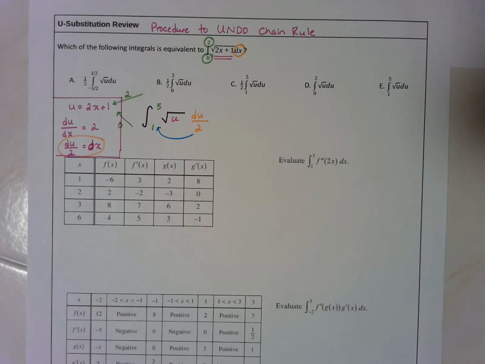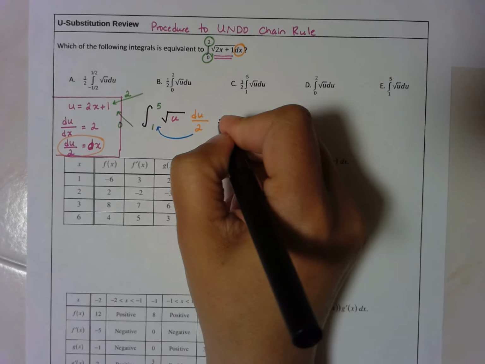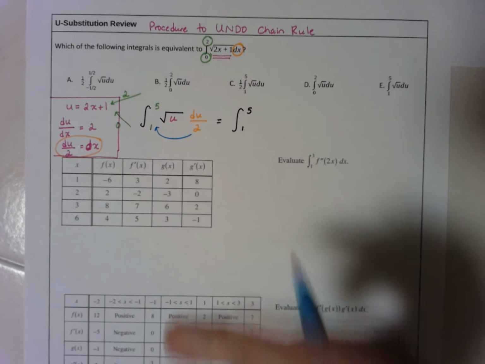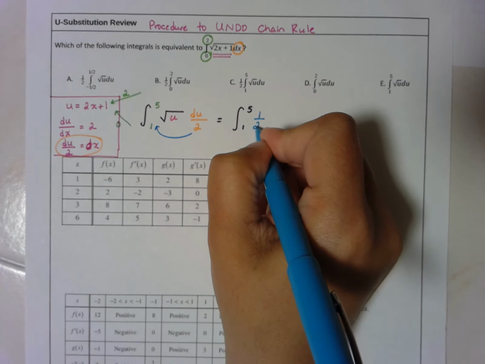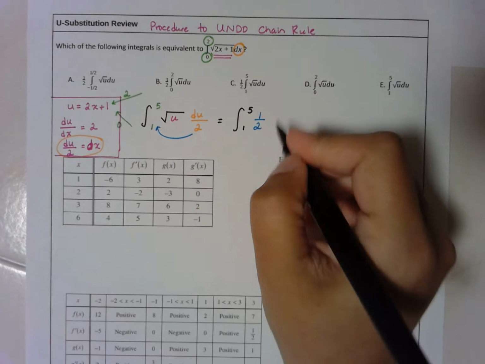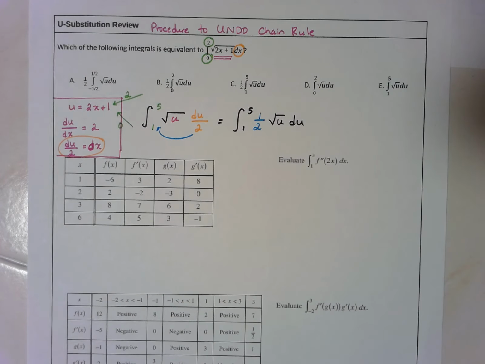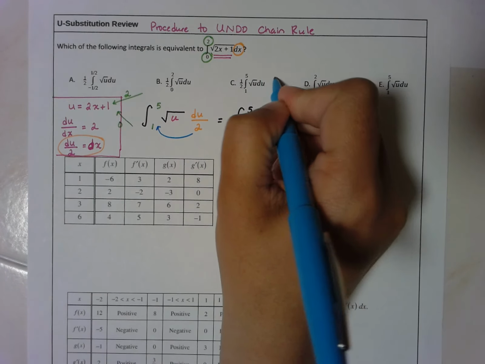So my new integral would just be the integral from 1 to 5, and instead of writing it as dividing by 2, I'm going to put it as a 1/2, and then I'm going to have the square root of u du. Now from there, I can identify which one of these options would give me the same answer as the original problem, which looks like option C is the correct answer here.